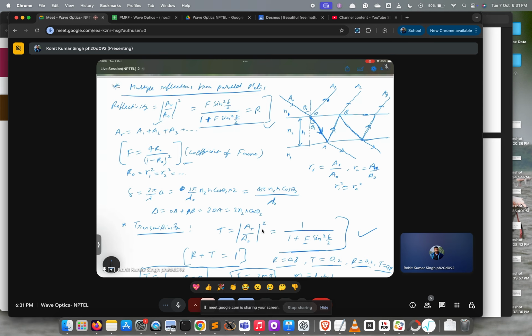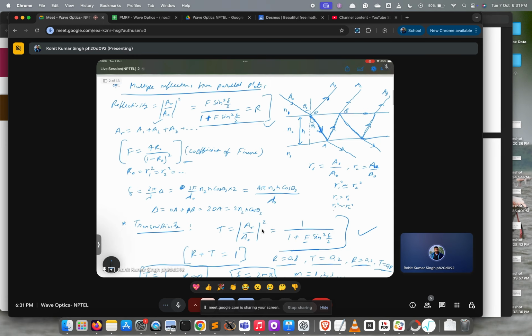So basically what I'm assuming is that R1 maybe its amplitude is a little bit greater than R2, but since you are squaring it, it will be approximately equal to R2 square.